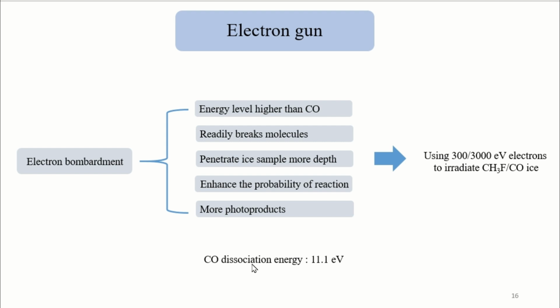An electron gun can generate higher energy than that. The benefits of using an electron gun are that it readily breaks molecules and penetrates the sample more deeply, giving some probability to generate photoproducts. So in this paper, 300 and 3000 electron volts were used to irradiate the ice sample.